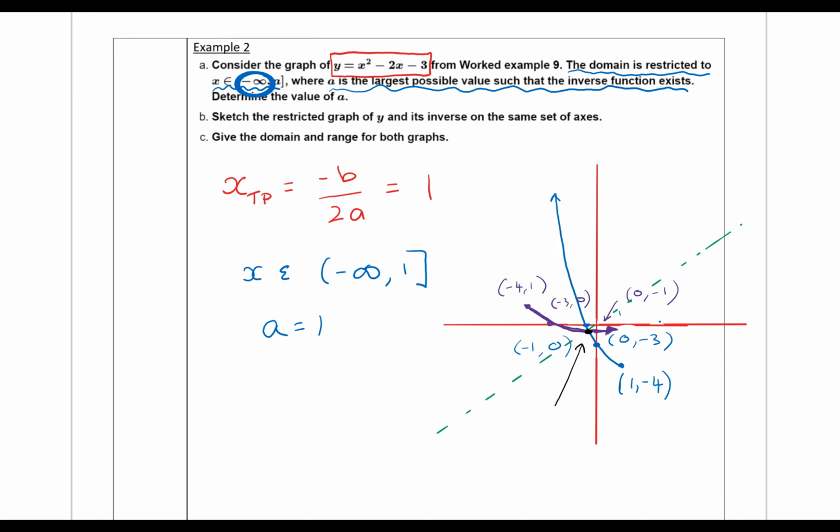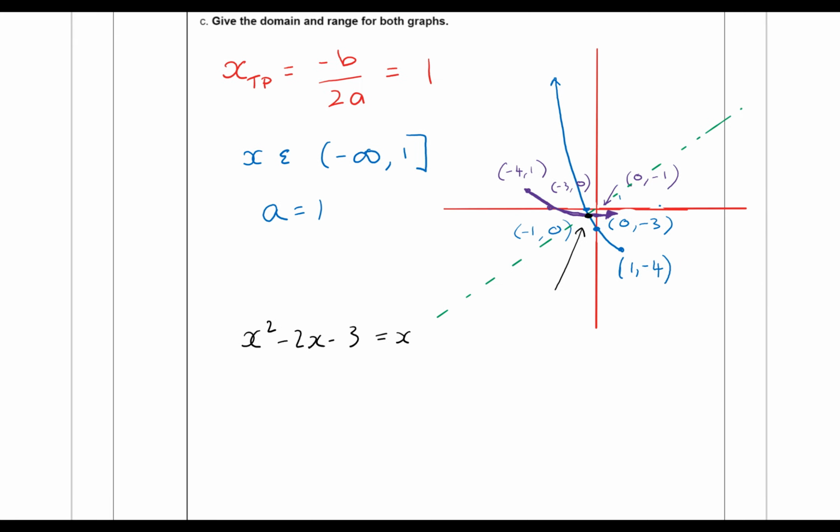We can find this by letting x squared minus 2x minus 3 equal x. So to solve for this, I will subtract x from both sides. So I've got x squared minus 3x minus 3 is equal to 0.